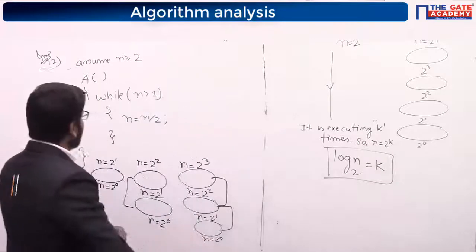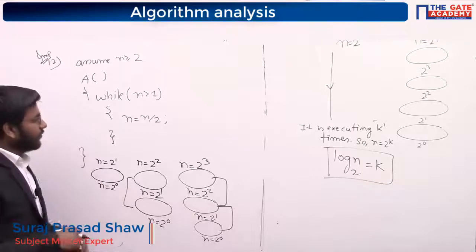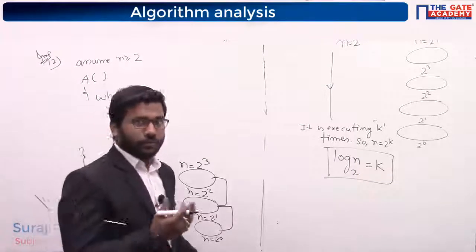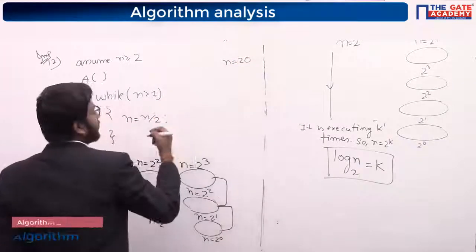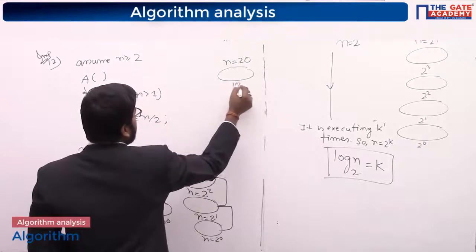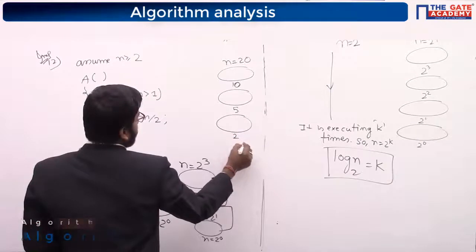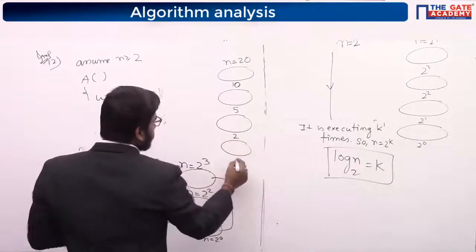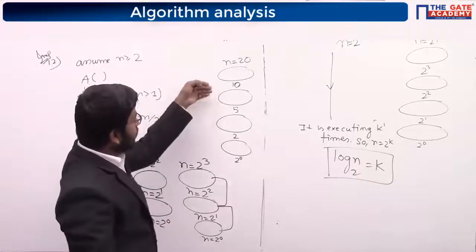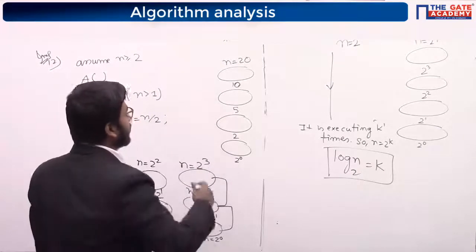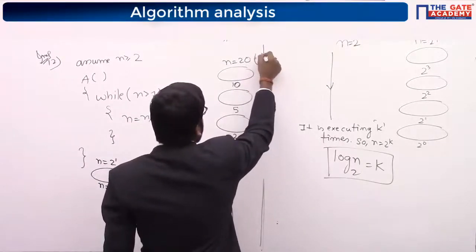But here I have taken n in such a way that it is a power of 2. But if we take some number which is not a power of 2, like 20, I am taking n equal to 20. Greater than 1, executed; now 10, n divided, executed; 5 executed; then 2 executed; now 2 to the power 0, it's 1, so not greater. So how many times? 1, 2, 3, 4. 4 times it is executing, like for 2 to the power 4, 16.